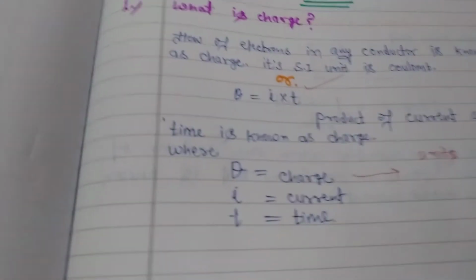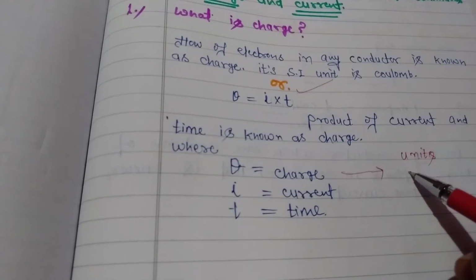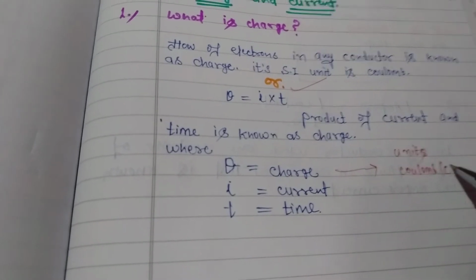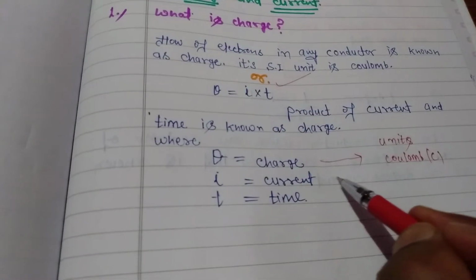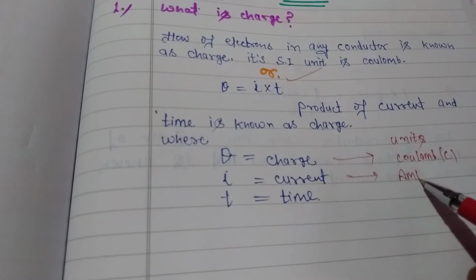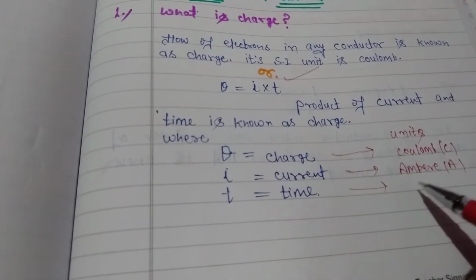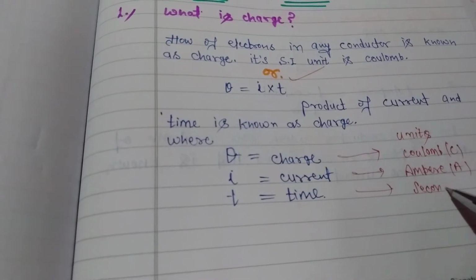Dear students, you can write unit of charge is coulomb. It is represented by capital C. Unit of current is ampere. It is represented by capital A. Unit of time is second.